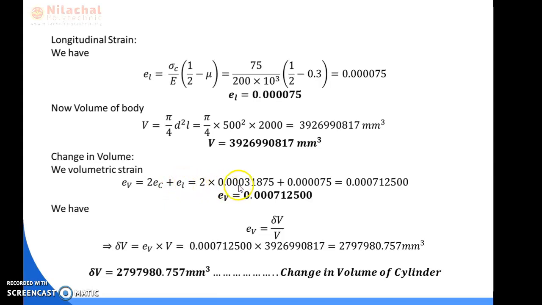Putting the value of circumferential strain as 0.00031875 plus εL as 0.00075, now we are getting the value of volumetric strain as 0.0007125.